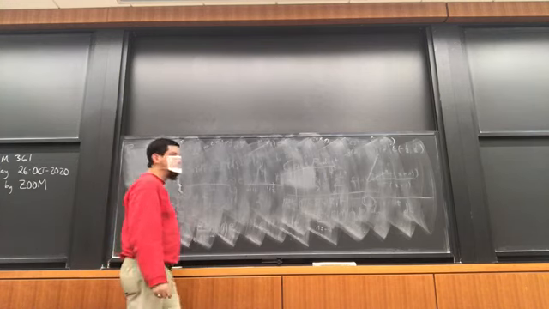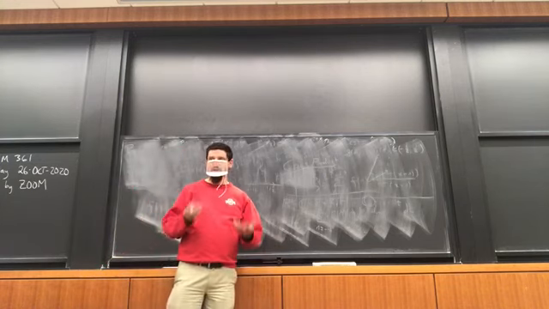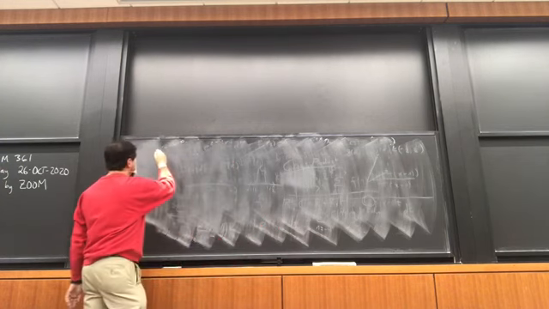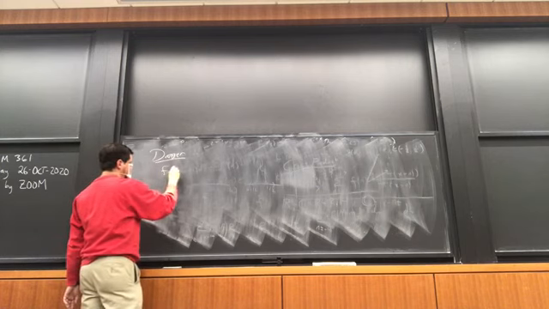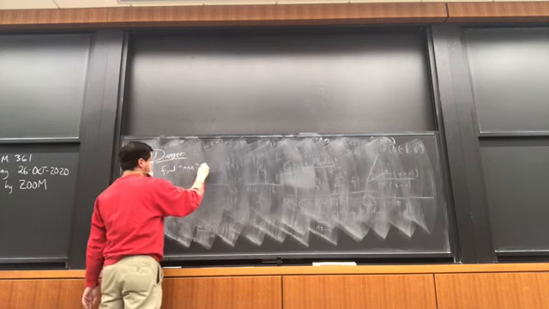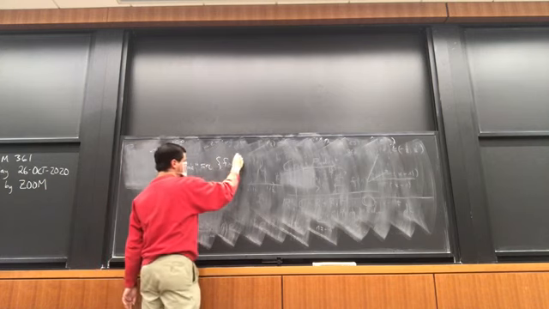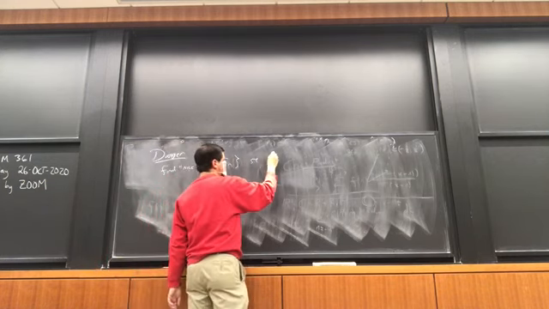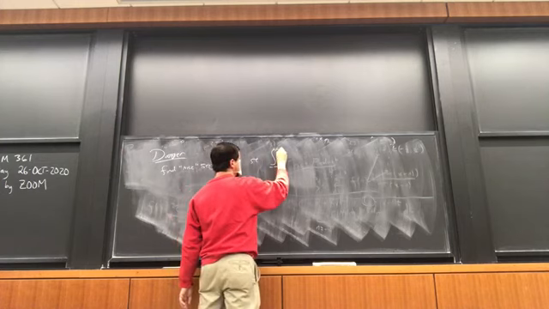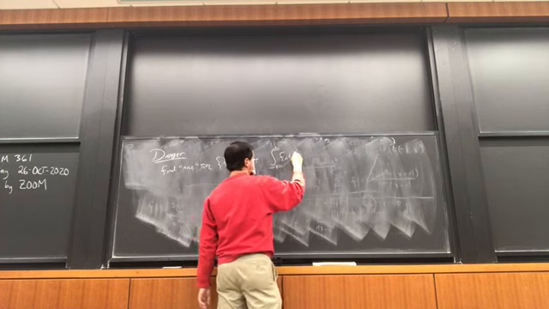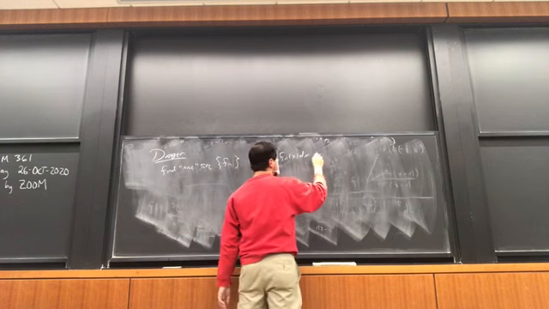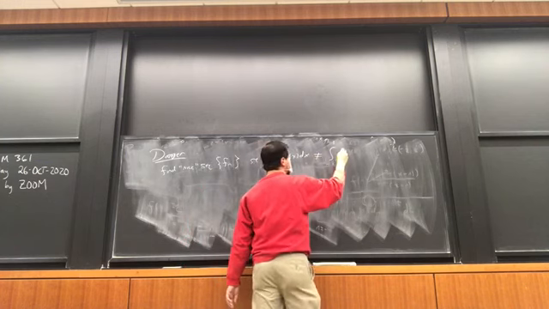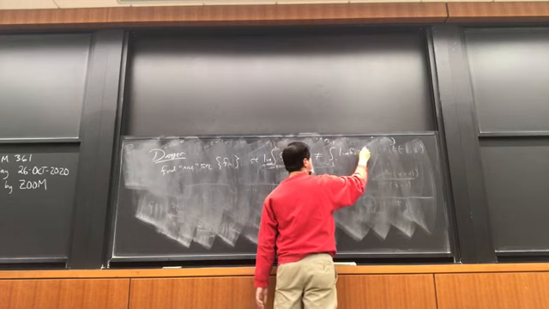I'll give just one related example of things you can't do. This is one of my favorite problems. Find a nice sequence of functions fn such that the integral from minus 1 to 1 of fn of x dx, taking the limit as n goes to infinity, does not equal the integral from minus 1 to 1 of the limit of fn of x dx.